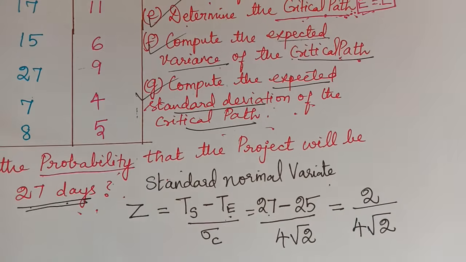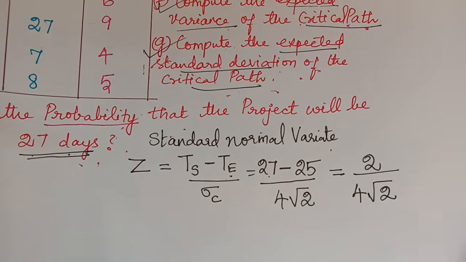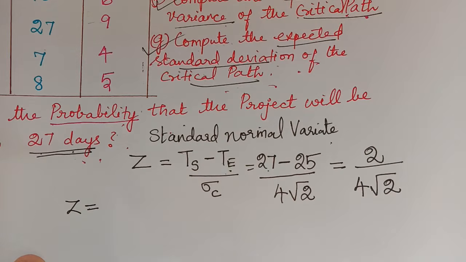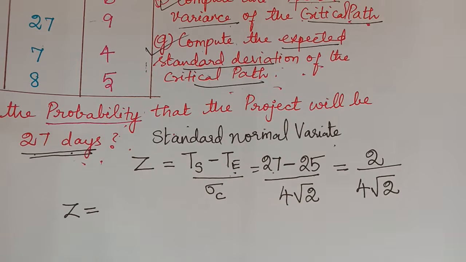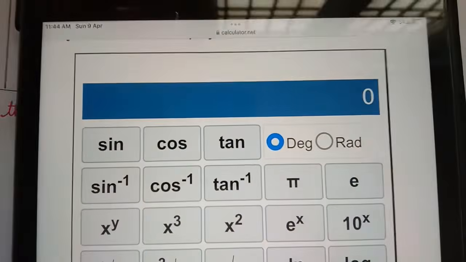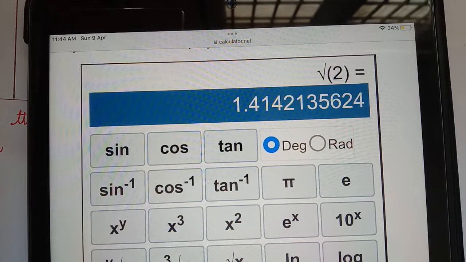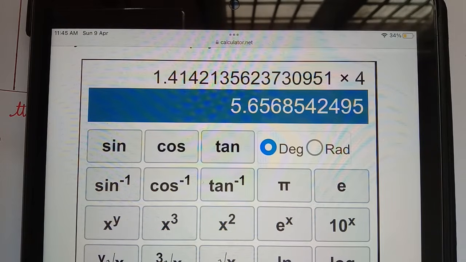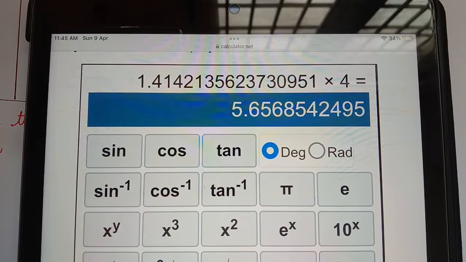Now here we can calculate it separately. So we can write Z to be equal to, in the denominator we have 4 square root of 2. First we will find the square root of 2, and this has to be multiplied with 4, and we get the value to be 5.656. We will take up to 3 decimal places.